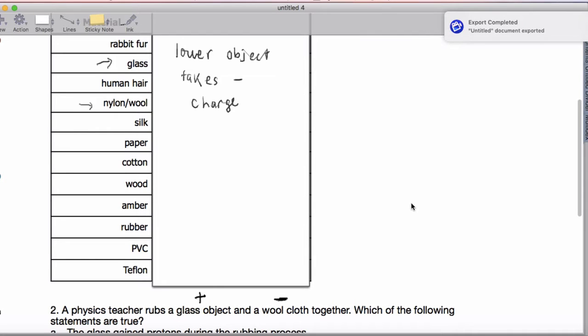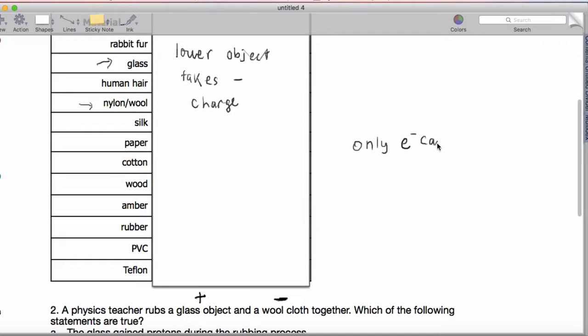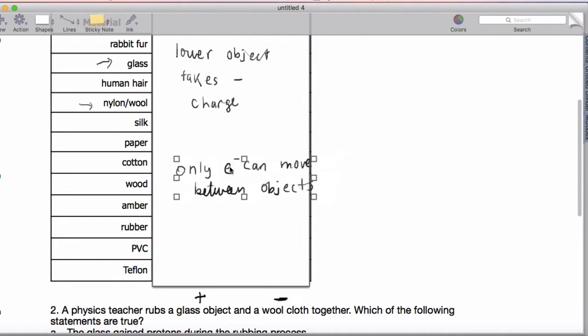And we know from the previous page that only electrons can move between objects when we're doing triboelectric charging, which just means charging by rubbing objects together.